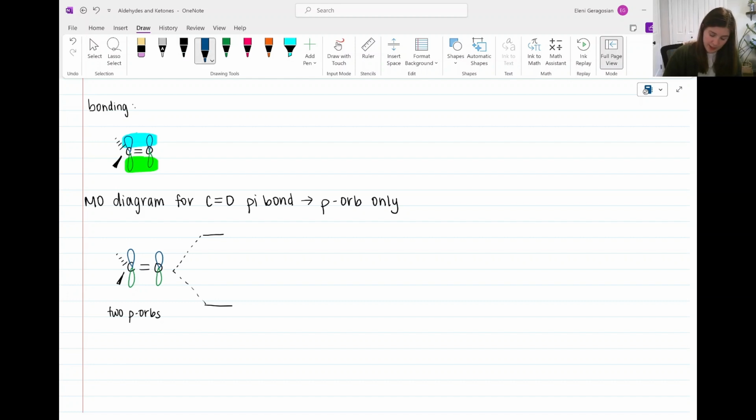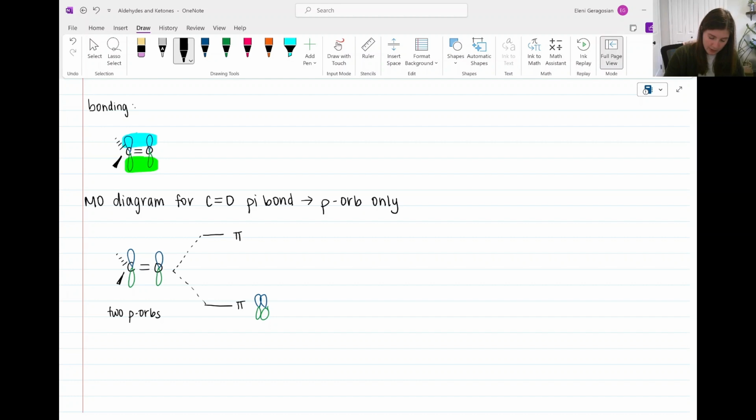The lower energy orbital is the one that results in a pi bond, where both p orbitals are in phase with each other, and we have bonding occurring in the overlap of these two p orbitals. So here we have a pi bond. If we switch the orientation of one of these p orbitals, we then have a pi star, or anti-bonding orbital.